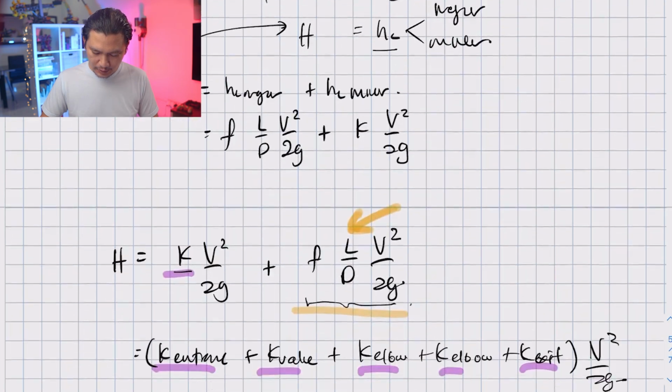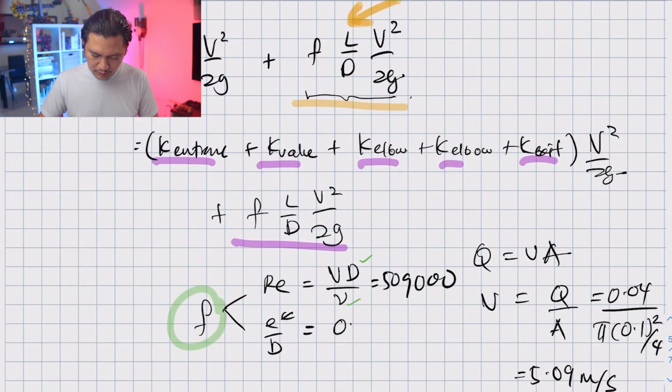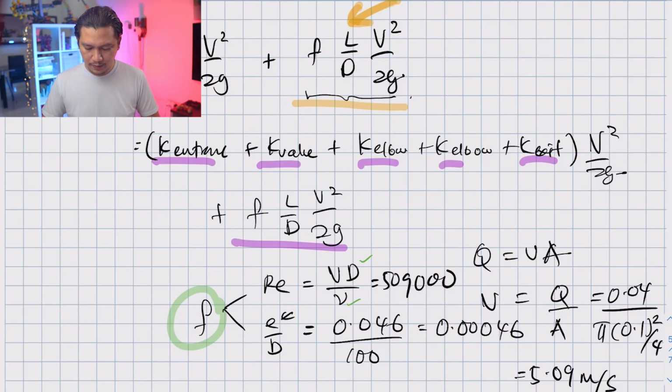So let's plug it in here: 0.046 divided by the diameter. Remember that the unit is in millimeter, and for relative roughness there is no unit. So if 0.046 is in millimeter, the diameter should be in millimeter as well. So this is divided by 100, and this is equal to 0.00046. And with these two values, we certainly can find the friction factor.